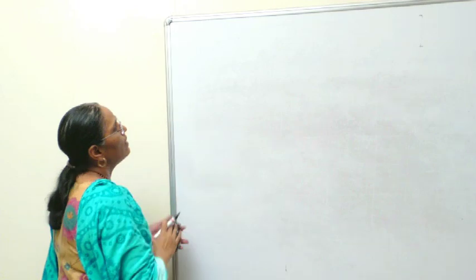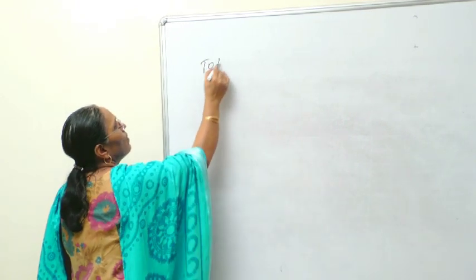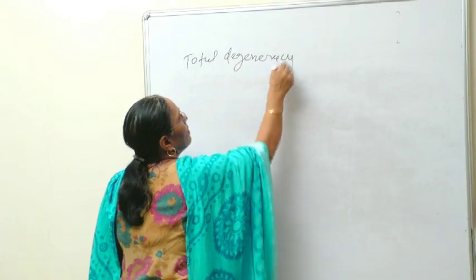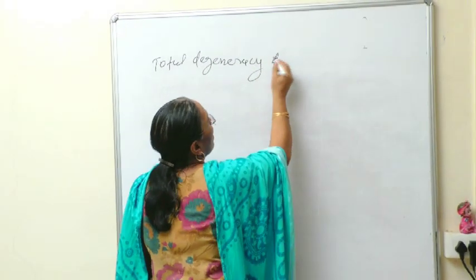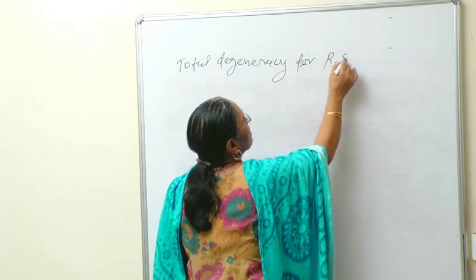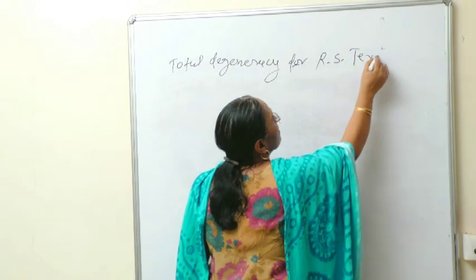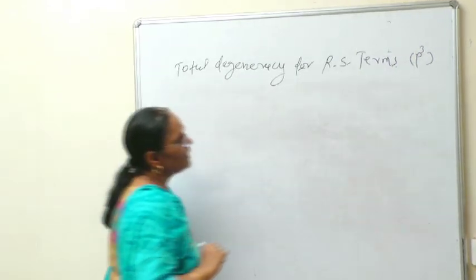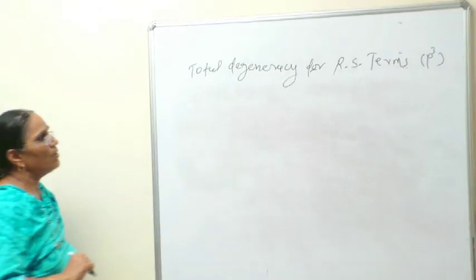First we will obtain the total degeneracy for the Russell-Saunders terms for the p3 configuration.